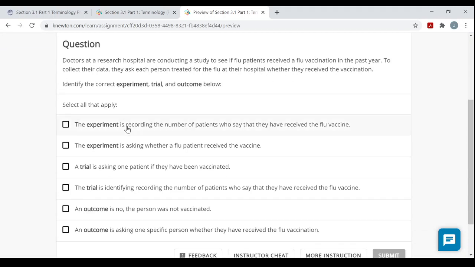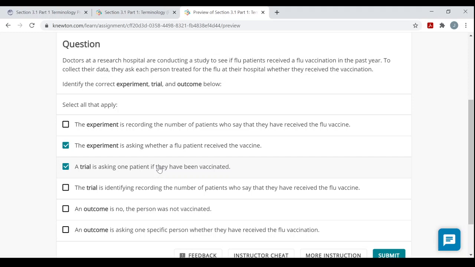So the experiment here is just asking whether a flu patient received the vaccine. Right? That's what they're doing to collect the data. And each person they ask is a different trial. Right? So they ask one person, that's one trial, ask another person, that's another trial. So it's asking one patient if they've been vaccinated.